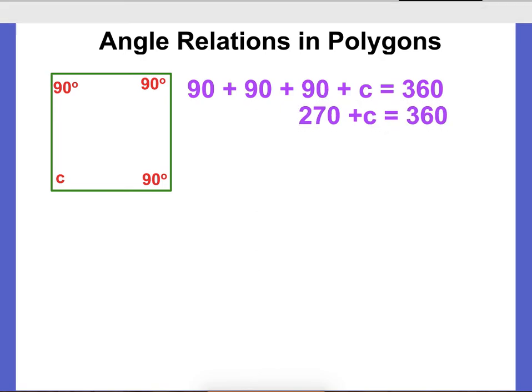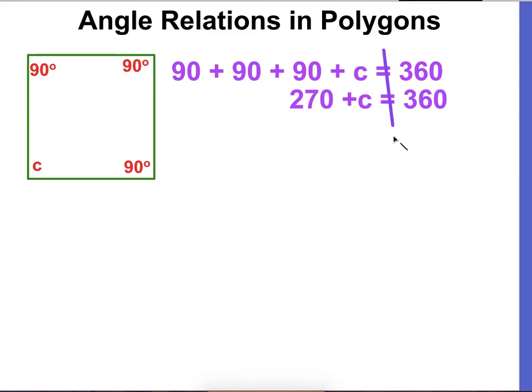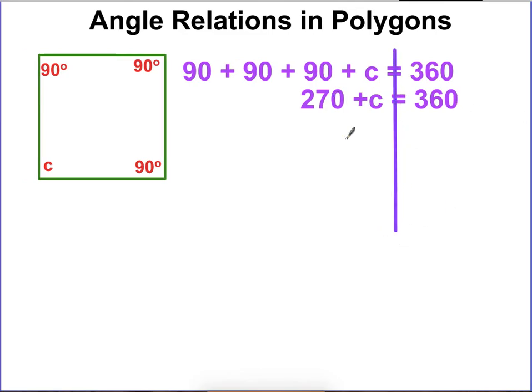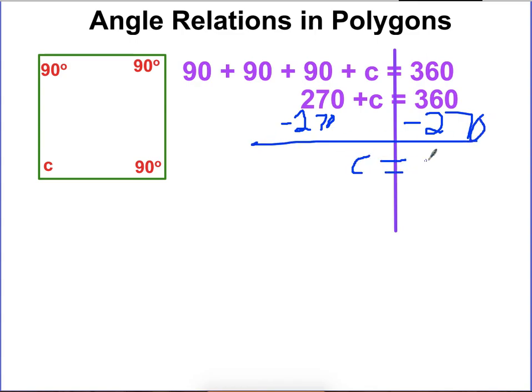And then we'll make sure that we perform inverse operations. On both sides, look where the variable is. I'll have to subtract 270 from both sides. So then I have C equals 90. So our answer here would be 90 degrees.